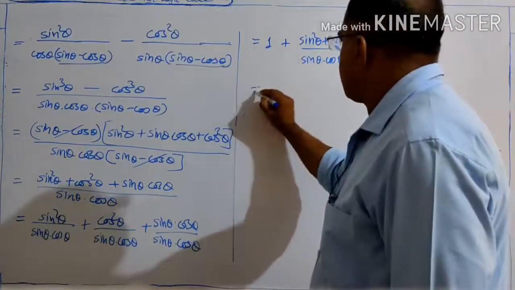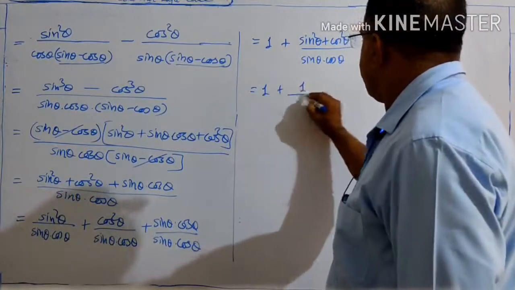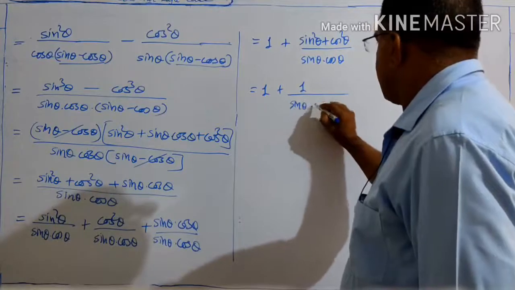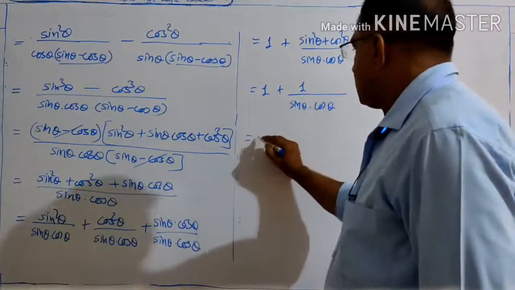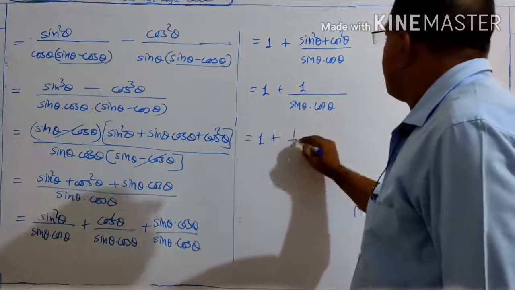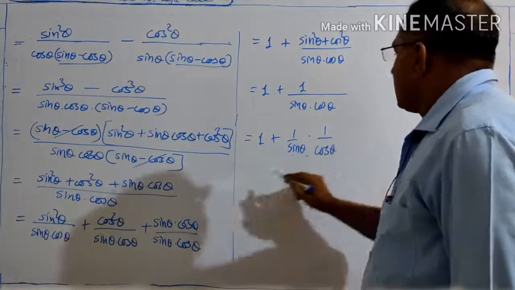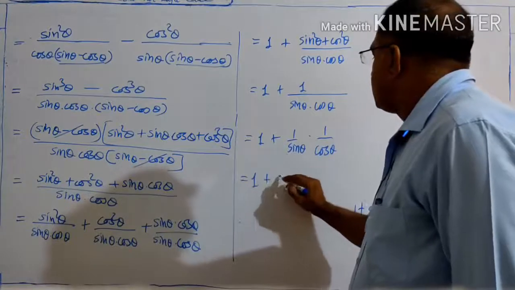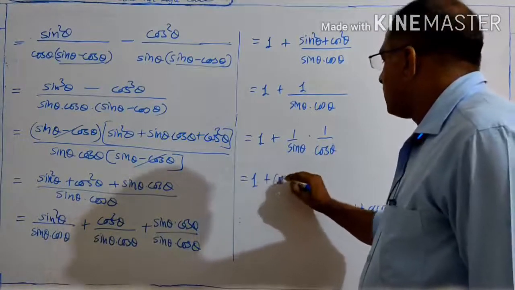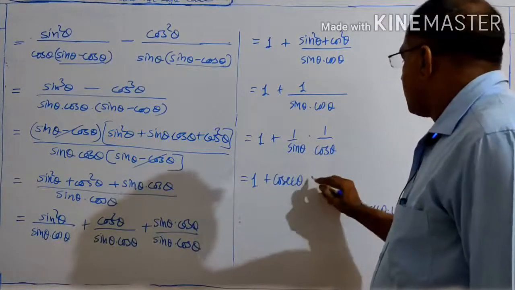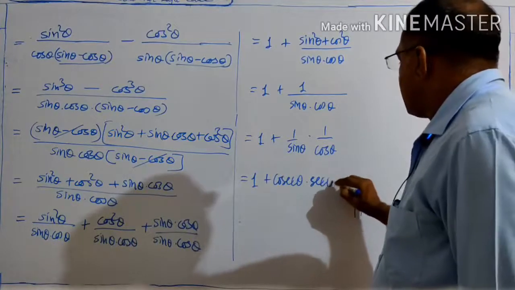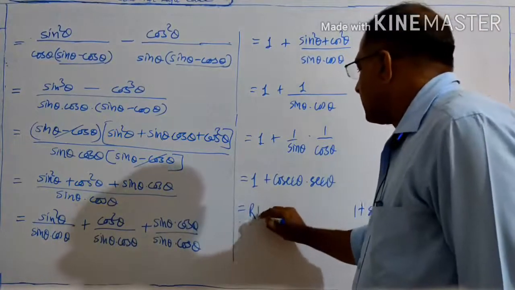So here we will get numerator 1 divided by sin theta into cos theta, and that is equal to 1 plus 1 upon sin theta multiplied by 1 upon cos theta, and thus we get 1 plus, here 1 upon sin theta is called cosec theta, and 1 upon cos theta is called sec theta, and that is equal to the right hand side.